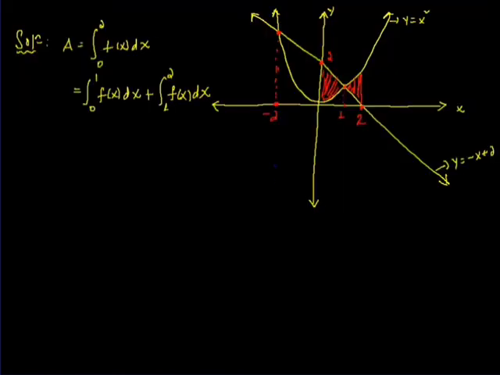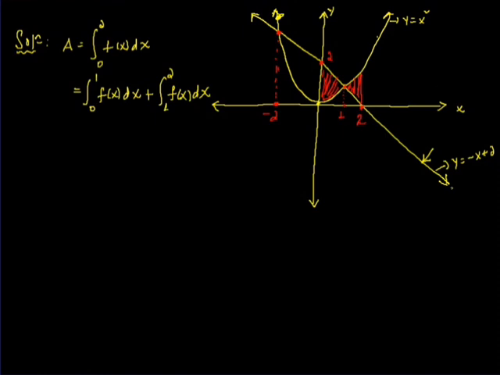Here we have the graph of y equals x squared, which is a parabola. This one is the upper parabola, the graph of y equals x squared, whose vertex is at the origin, and the straight line y equals minus x plus 2 is the other given function.